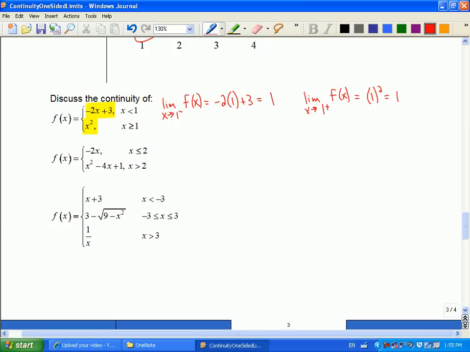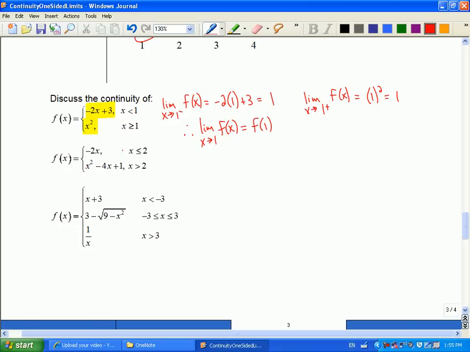They are connected. There's no hole in this graph or jump. So yes, your initial assumption was not a bad one. We just needed to verify it first. So continuous on the left side, continuous on the right side, and the only place that could have a problem, they are connected. Therefore, the limit as x goes to 1 of f(x) is the same thing as f(1), and it's continuous.